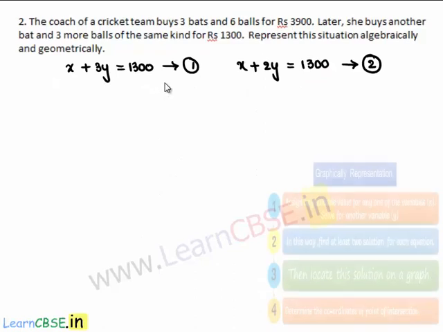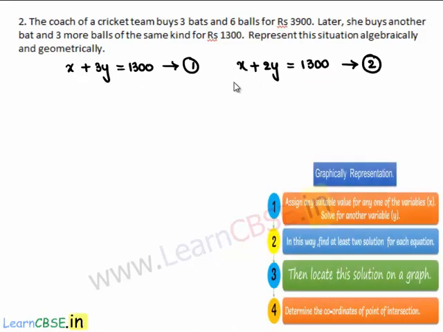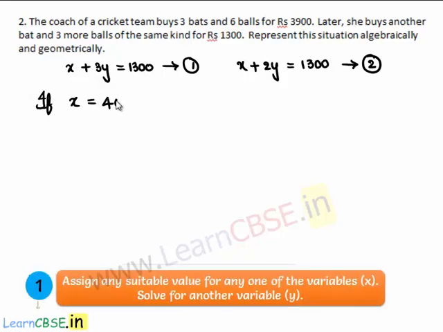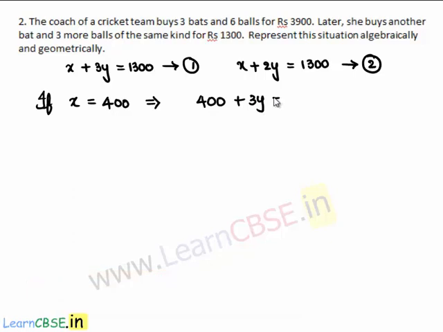In order to represent these two equations graphically, let us find two solutions for each of these equations. So the first equation is X plus 3Y is equal to 1,300. So if X is equal to 400, that implies 400 plus 3Y is equal to 1,300.